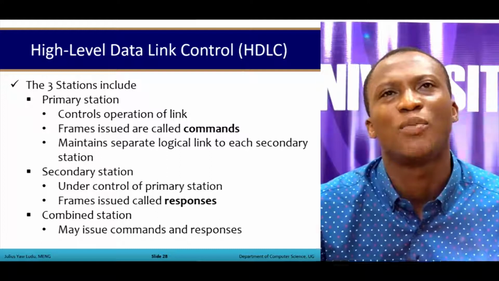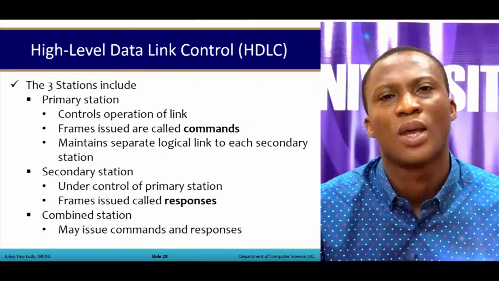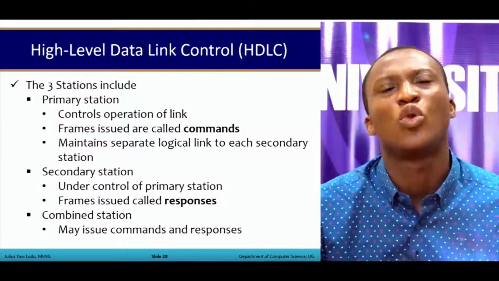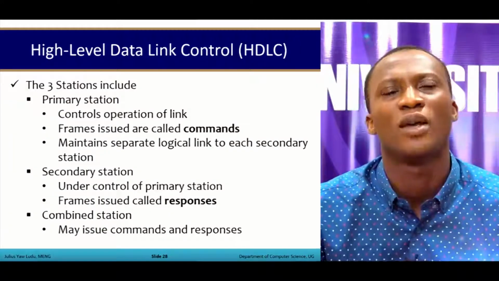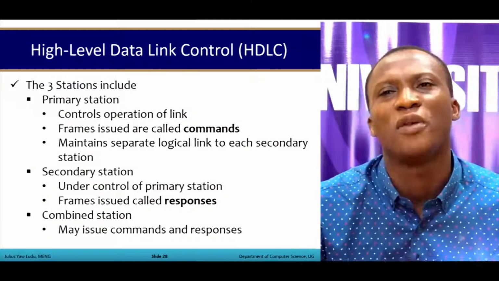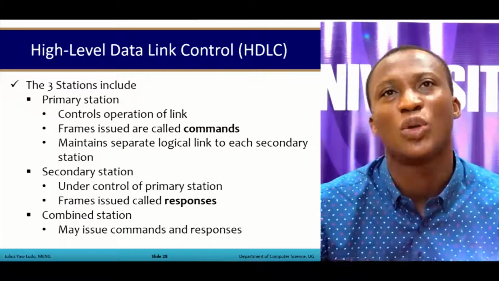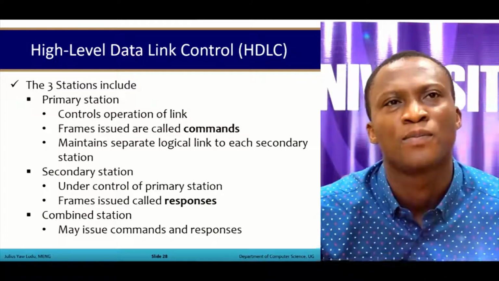It maintains a separate logical link to each secondary station. But the secondary station is under the control of the primary station, and the kind of frames being used here are called responses. So take note, primary station deals with commands, secondary station deals with responses.